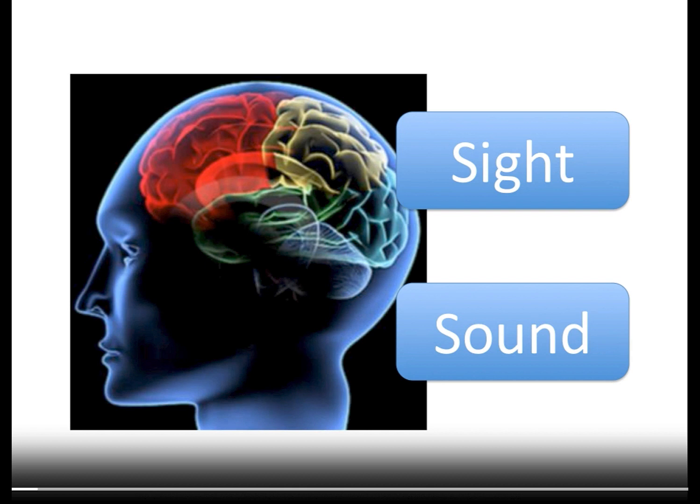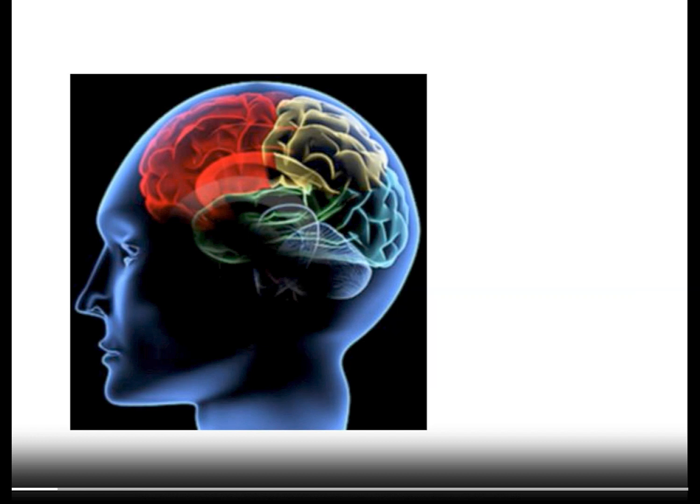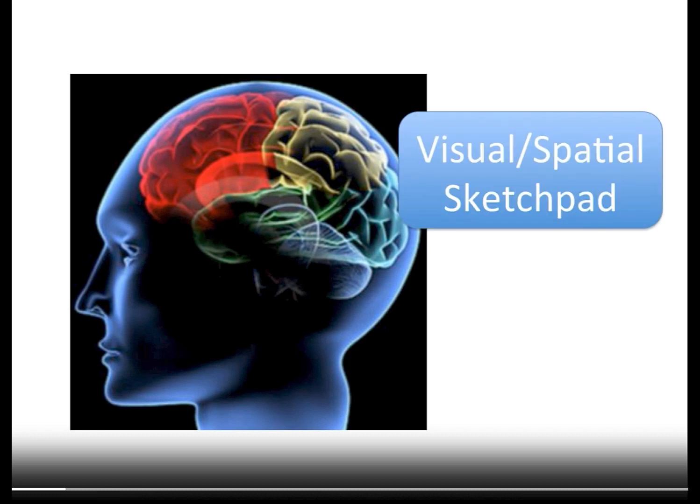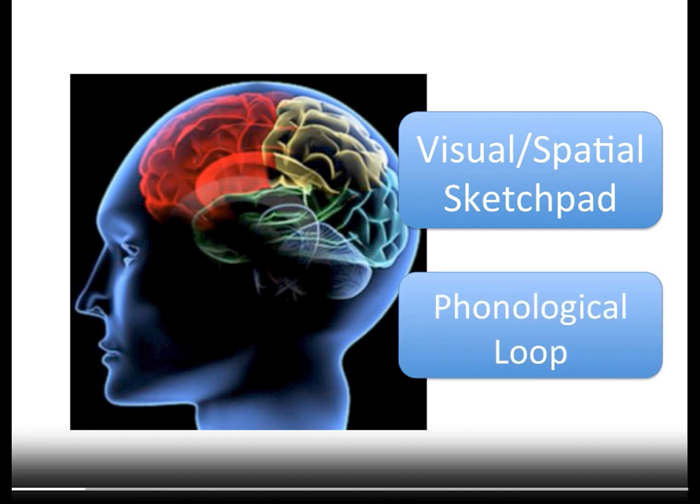Obviously, we use all of our senses, but sight and sound are the ones we have most control of for our multimedia presentations, at least for now. So we take in information in the form of sight into a visual spatial sketchpad, which is held in working memory a very brief time. It is analyzed, sorted, and assigned to long-term memory. Audio comes through our ears and goes through the same process in a phonological loop.